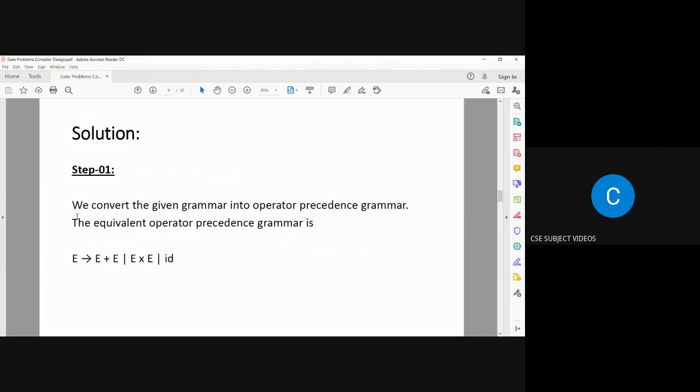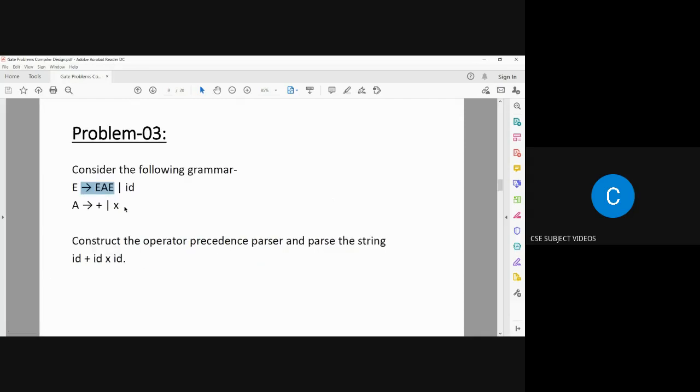Now what is our first step? We convert the given grammar into operator precedence grammar. The equivalent operator precedence grammar is E tends to, see, we have to find the grammar. E tends to EAE / id. A tends to plus or multiplication.